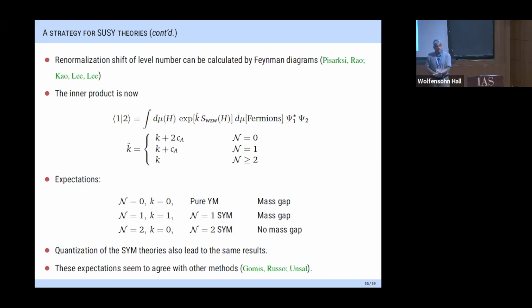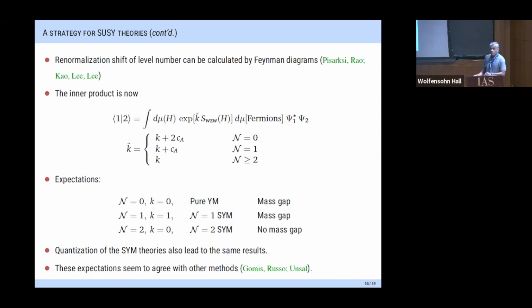The n equal to 1 theory, because the measure contains K plus CA, even if I put K equal to 0, look at pure Yang-Mills theory with n equal to 1, I'm going to find that there should be a mass gap. Why? Because I gave you an independent argument for the mass gap, which is entirely controlled by the integration measure.